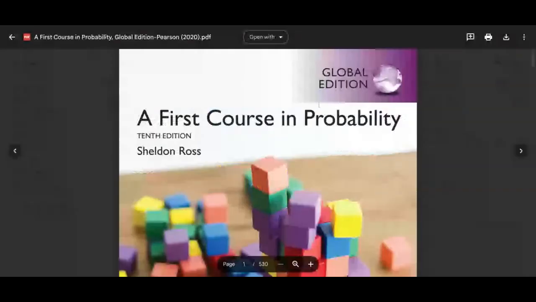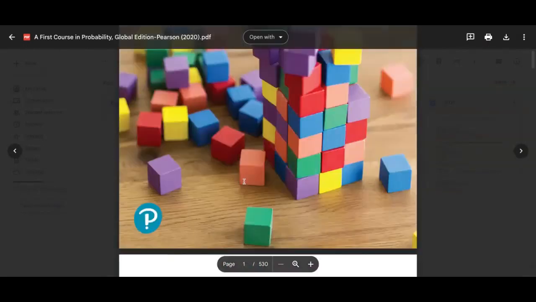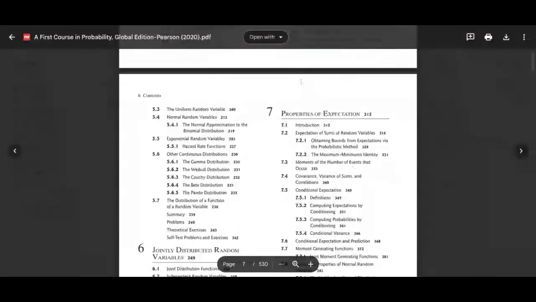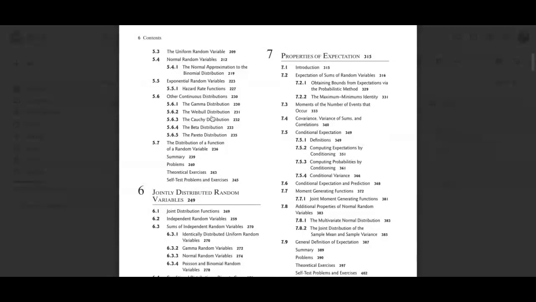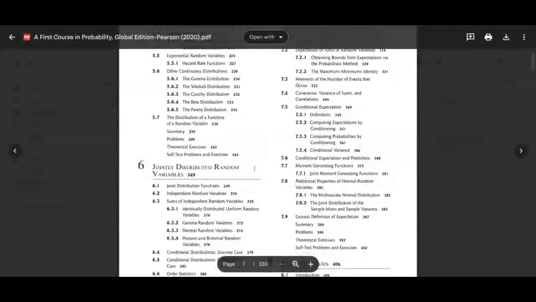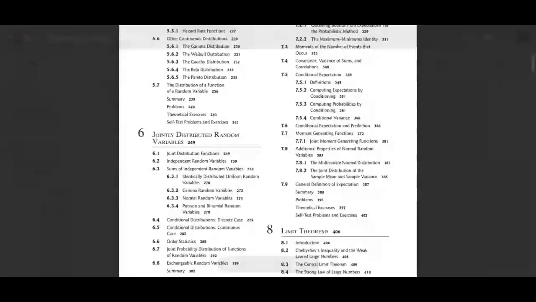In chapter 5, we have expectation, uniform, normal, exponential, other continuous distributions, gamma, Weibull, Cauchy, beta. I don't think we're going to talk about all of those. Jointly distributed random variables.